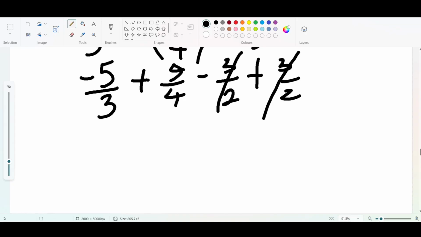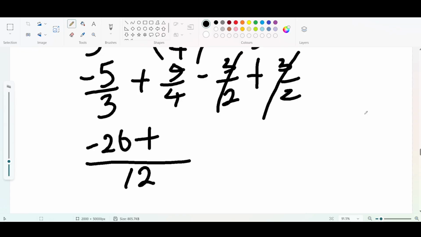Now what is left is the resolution of these two. The LCM of this is 12. 3 in 12 is 4, and 4 times minus 5 is minus 20.